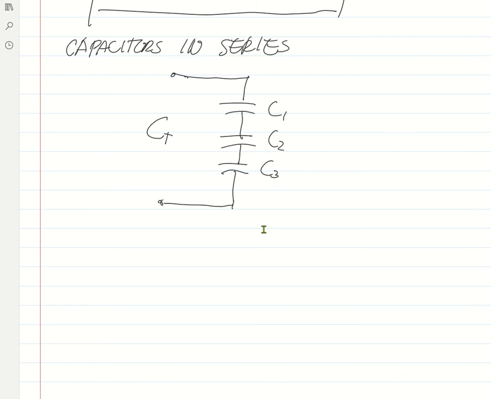So what is our formula in resistors? It's just 1 over R1 plus 1 over R2 plus 1 over R3. So here in capacitance in series, we also use that. So this will be 1 over C1 plus 1 over C2 plus 1 over C3. It's the other way around.